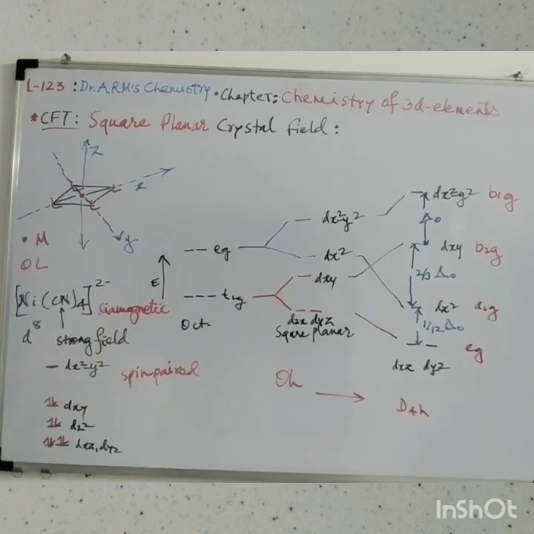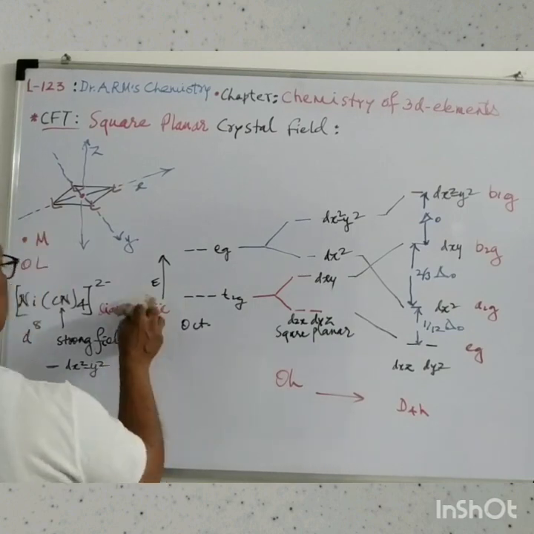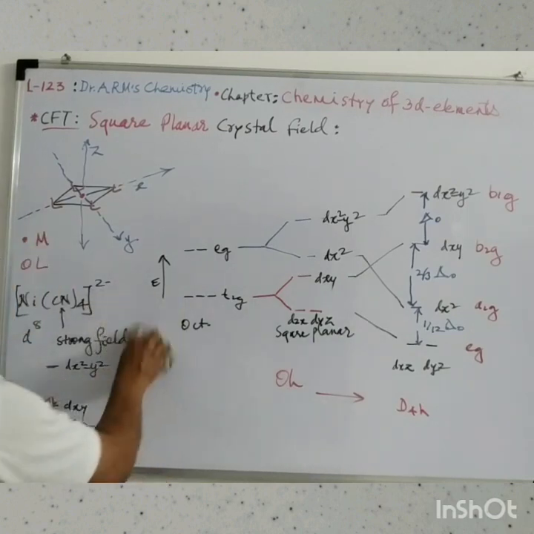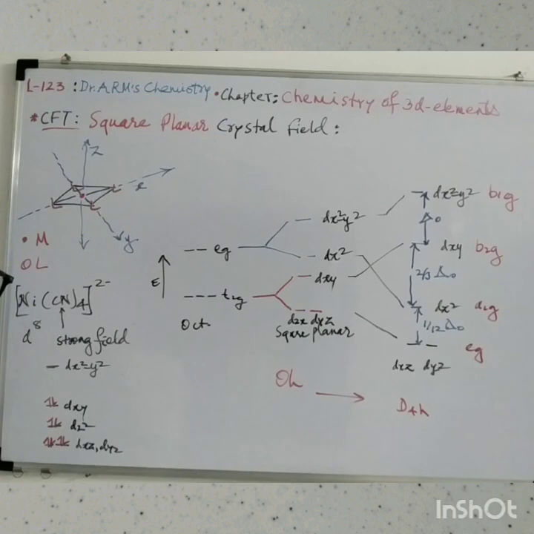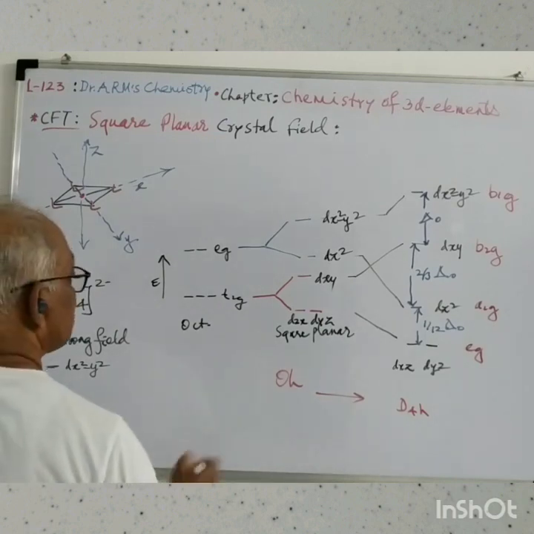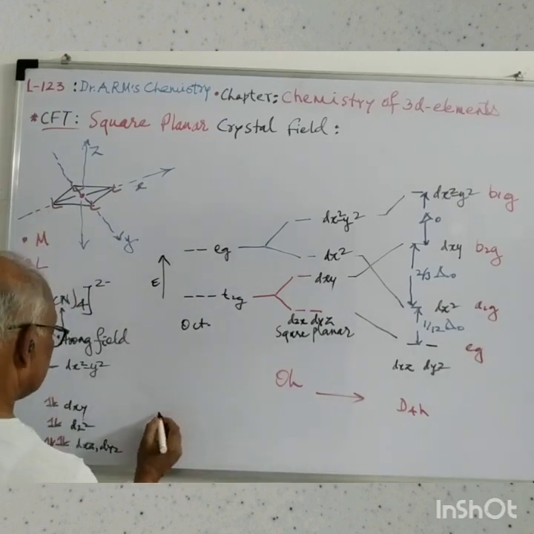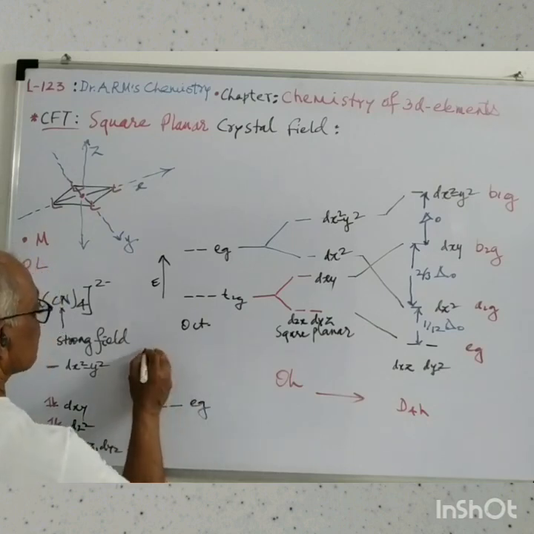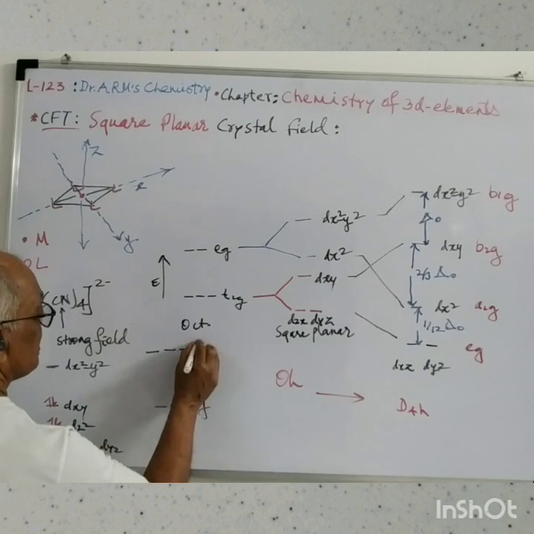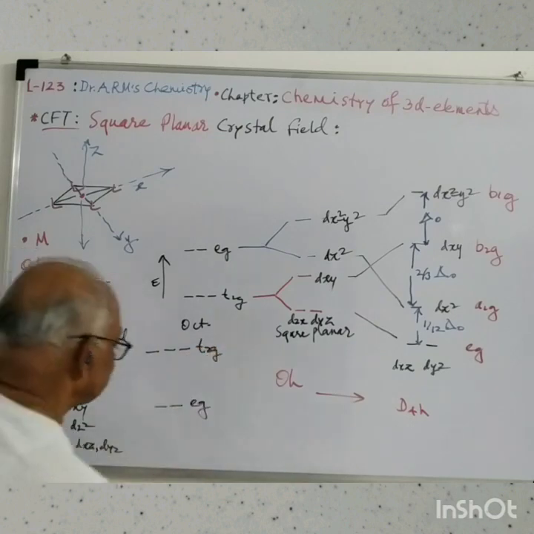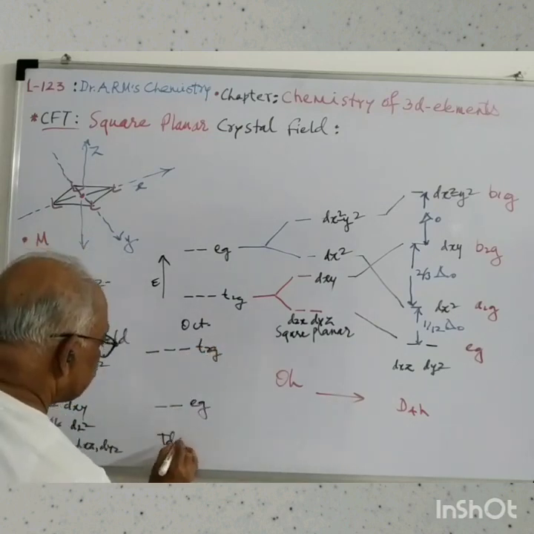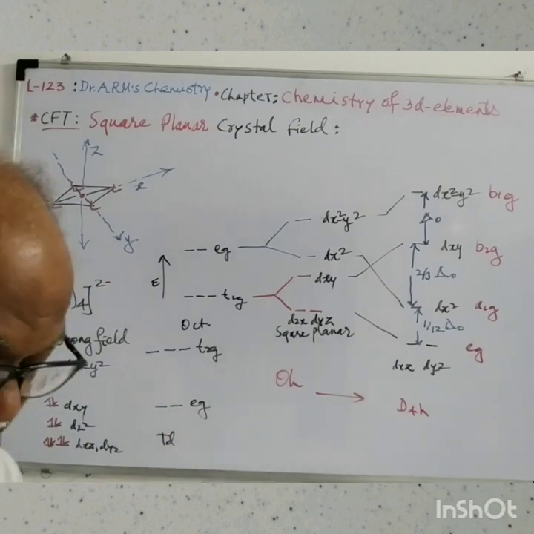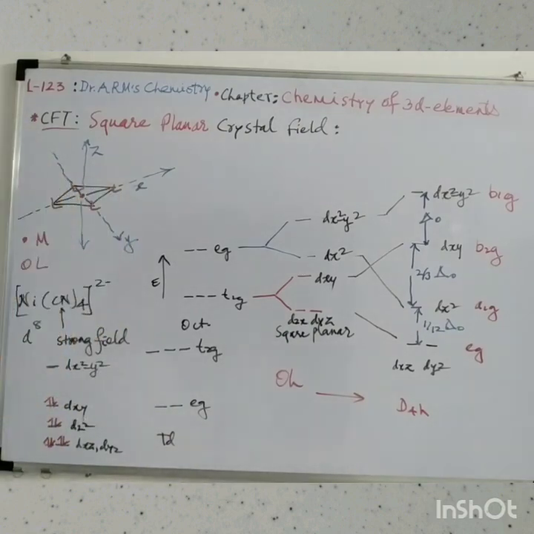Now for comparison, if we see the tetrahedral structure, then we can show these Eg orbitals and these T2g orbitals. So this is for the tetrahedral crystal field. For comparison, we are showing this.